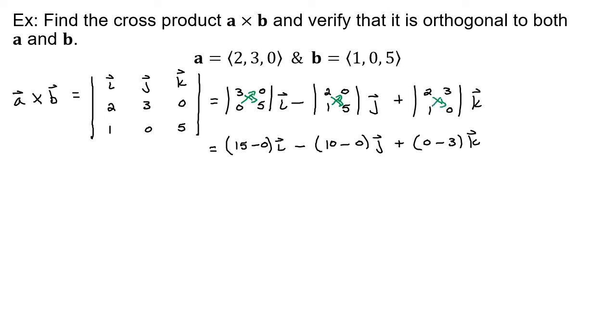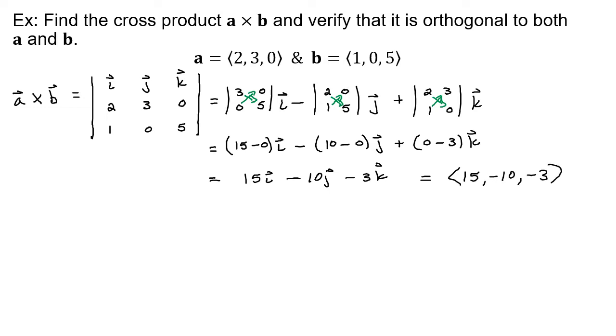So that's the direction we're going in here. And so if we simplify this, this is 15i, negative 10j, and minus 3k. Or you could write it in the same notation we started the vectors in as 15, negative 10, negative 3.